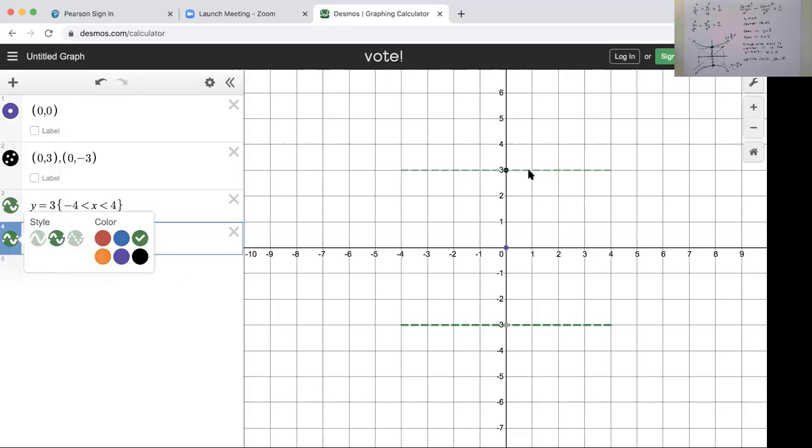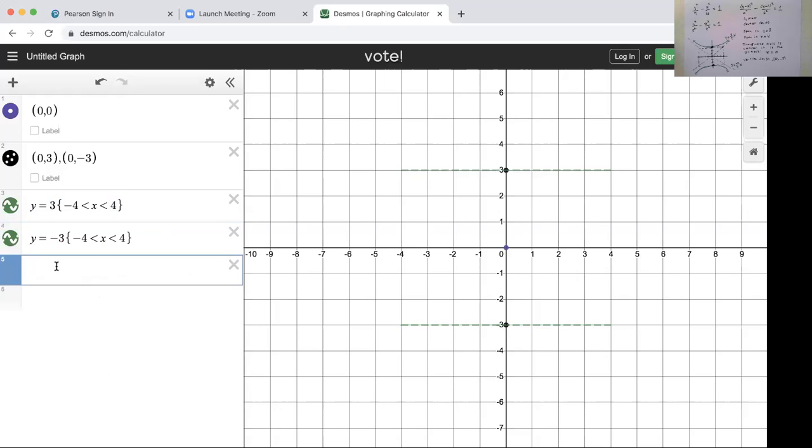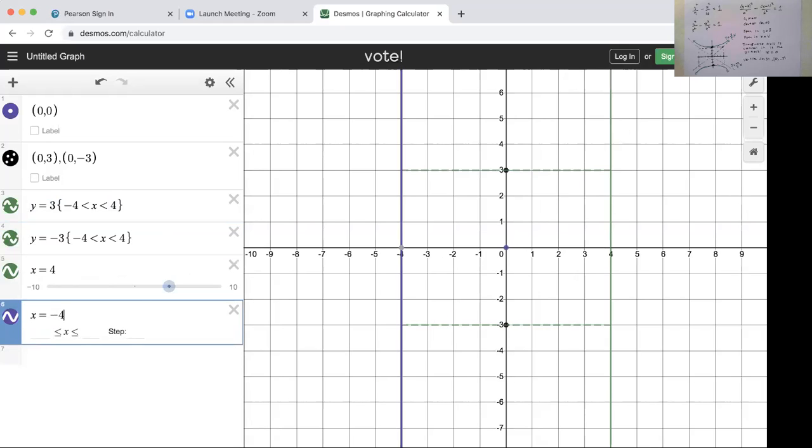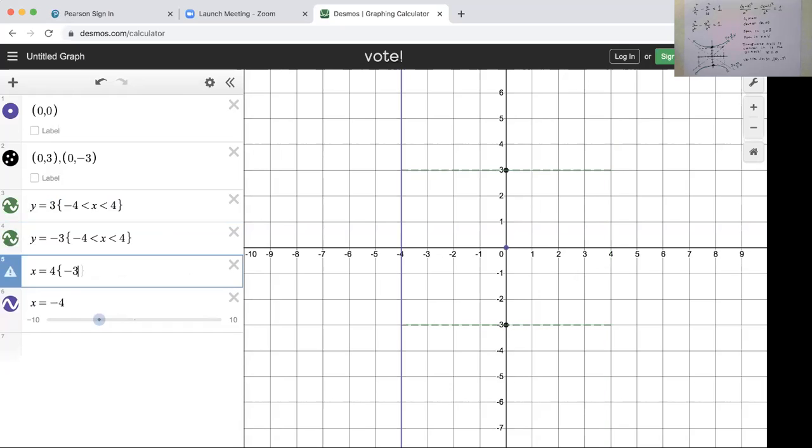Again, starting at the center, span in x is 4, so 4 left, 4 right. The span in y is 3, so we're going to have x equals 4, x equals negative 4, ranging from negative 3 to 3. And that's the box that we need.